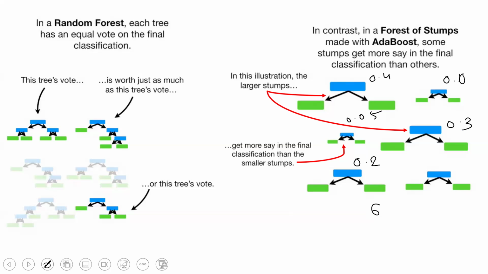Let's suppose this is 0.05 again. This is somewhere around 0.02. That means the weightage for this particular stump is more when compared to all other stumps. That is what it all comes down to. So that is how AdaBoost stumps will have different amounts of weightage in the final classification. Whereas in random forest, it would be the same for all the trees.